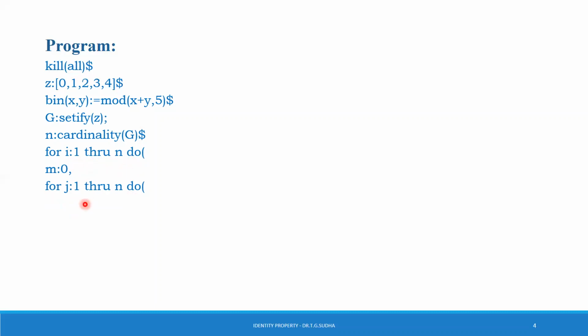I runs from 1 to N and J also runs from 1 through N, where N is the cardinality of the set G. If bin(Z[J], Z[I]) is equal to Z[J] and bin(Z[I], Z[J]) is equal to Z[J], so it is similar to A star E is equal to A and E star A is equal to A. Here Z[J] is A and Z[I] represents the identity if it satisfies this condition.